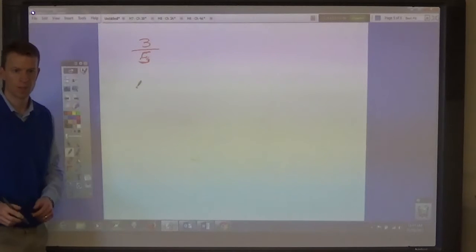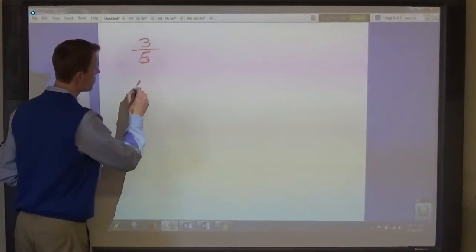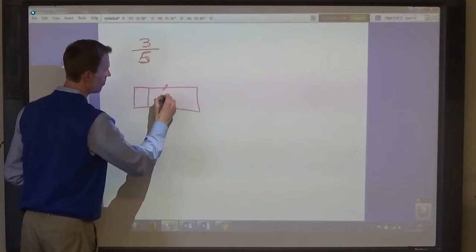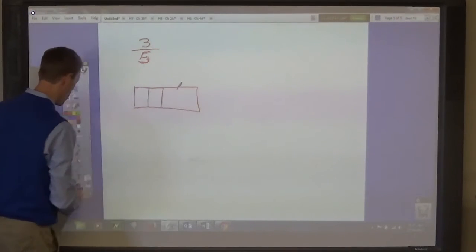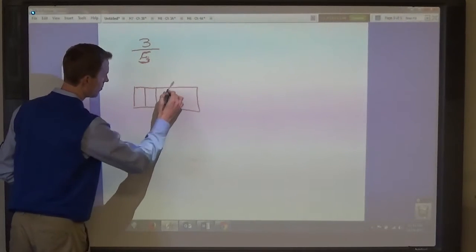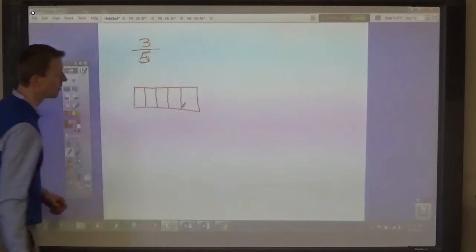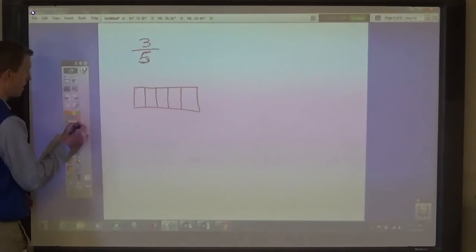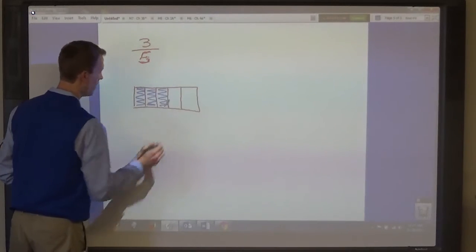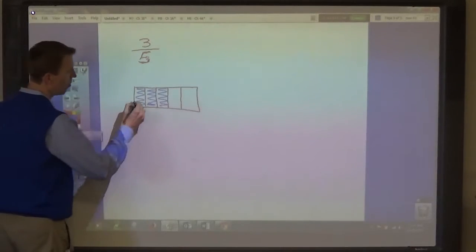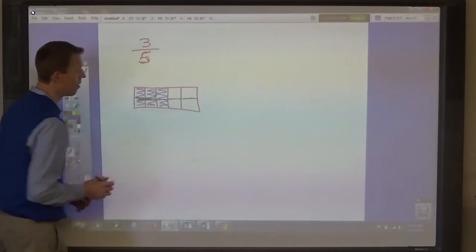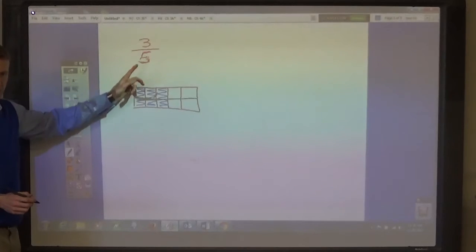Now, if we have 3/5 of something, so that's a sketch of fifths, and if we have 3/5, if we were to cut this whole thing in half, we're multiplying this 3 by 2.